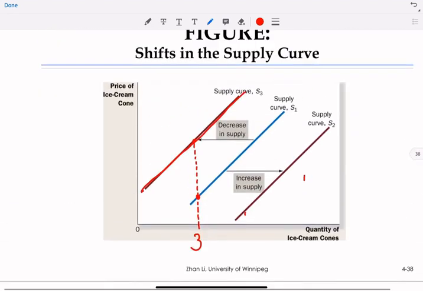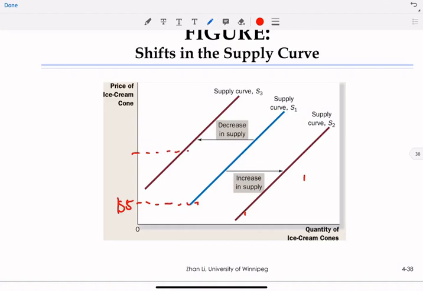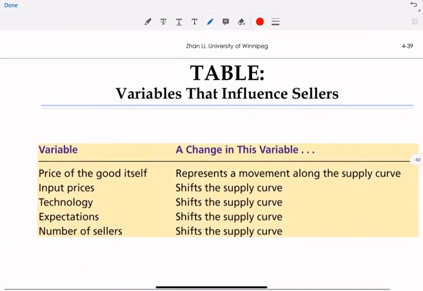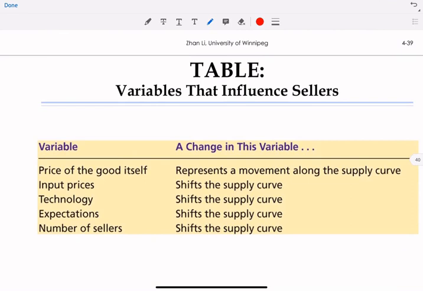To be more specific, let me draw this. Let's say if the ice cream price originally was $5 and in the end it increases to $10, then you will move along this curve, right? Okay, let's summarize.